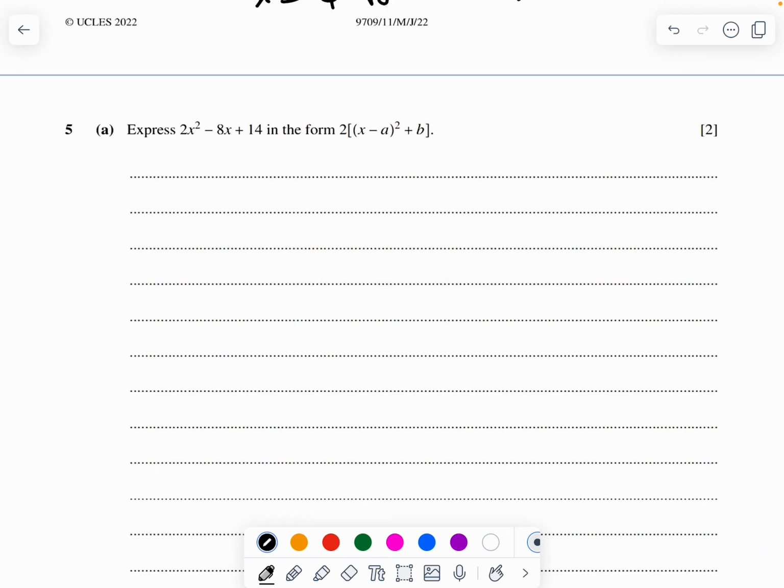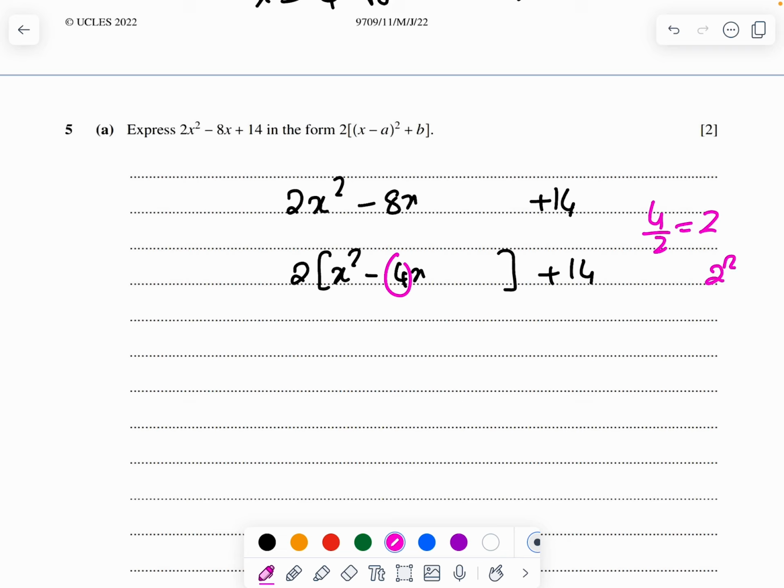Next question, again completing the square: 2x squared minus 8x plus 14. Take 2 common, x squared minus 4x plus 7. Then 4 divided by 2 is 2, so 2 squared is 4; add 4, subtract 4, so that these terms will become x minus 2 whole squared.